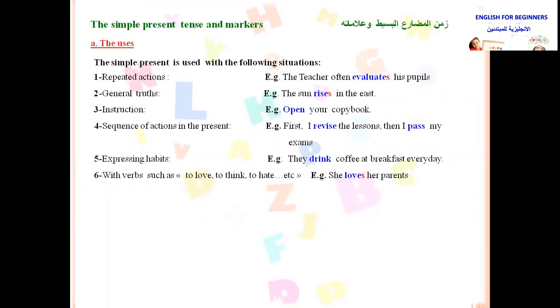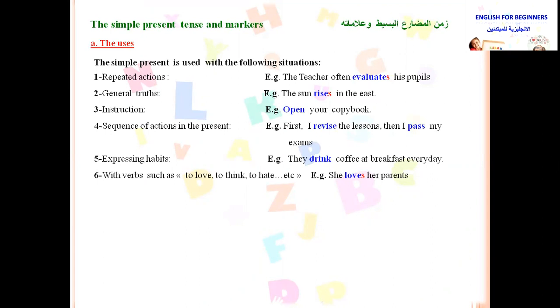The uses. The simple present is used in the following situations. There are several situations where we must use the simple present tense. The first one is when there is repeated action.